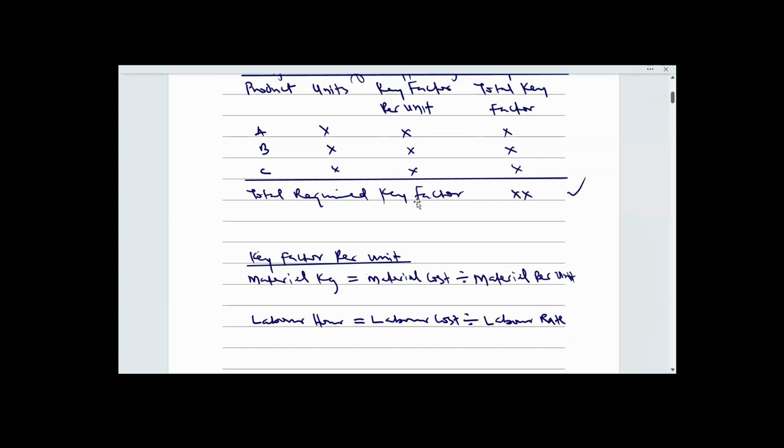So you need to compare this with the total available key factor. The difference is what is known as either a shortfall or a surplus.